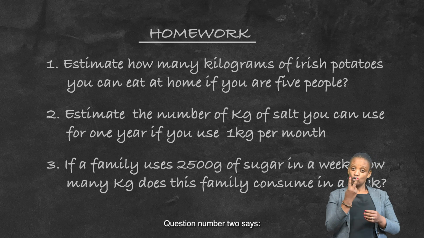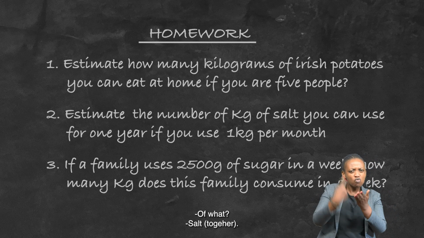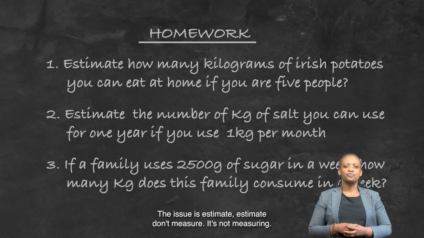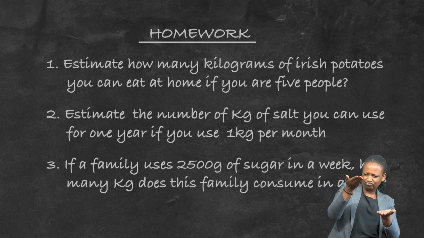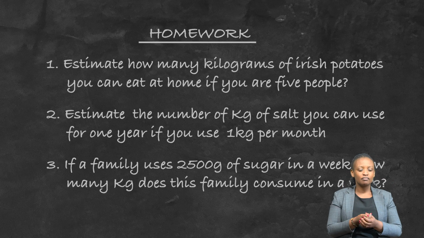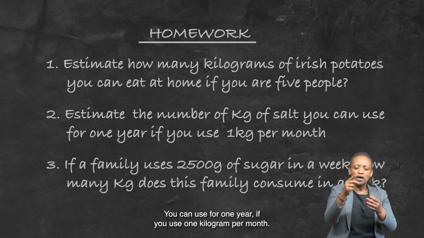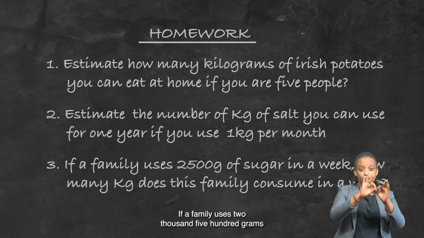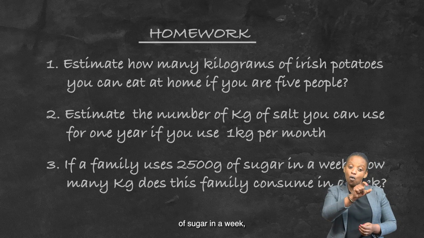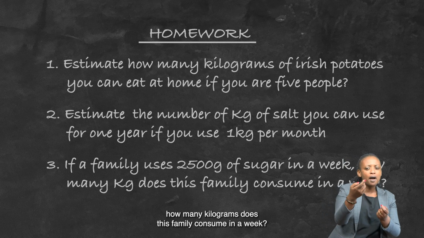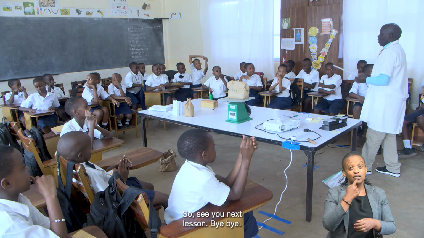Question number 2 says, estimate the number of kilograms of salt you can use for 1 year if you use 1 kilogram per month. The issue is estimate. Don't measure. Are you together? If a family uses 2,500 grams of sugar in a week, how many kilograms does this family consume in a week?